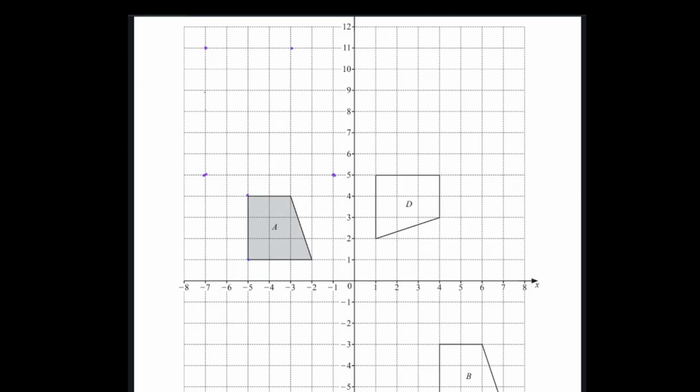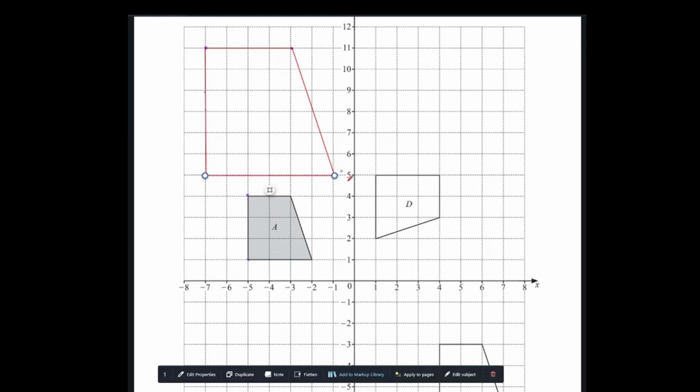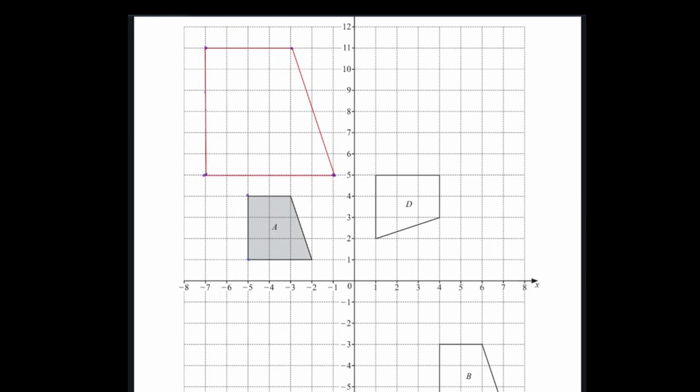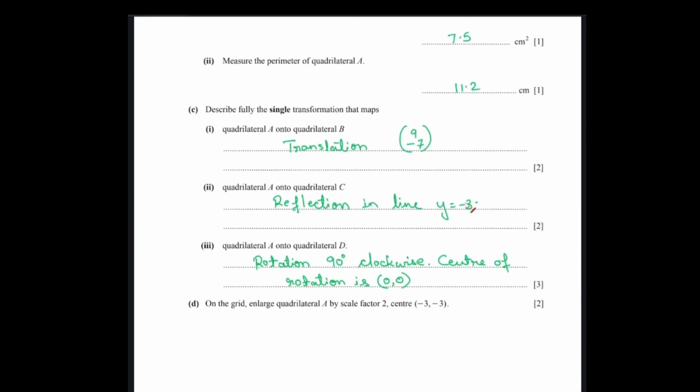We got all the 4 vertices. Now join them. This is the enlarged shape. Question number D is done.